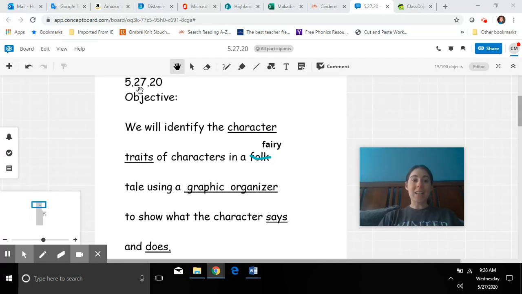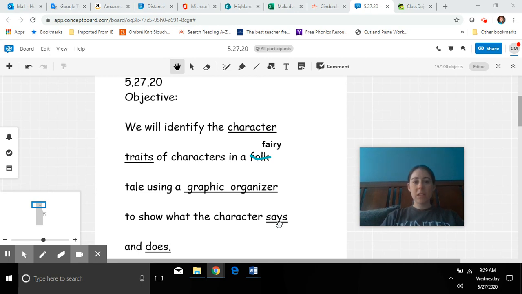Let's take a look at our objective today. Today is May 27th, 2020, and our objective is we will identify, that means to find, the character traits of characters in a fairy tale using a graphic organizer to show what the character says and does.